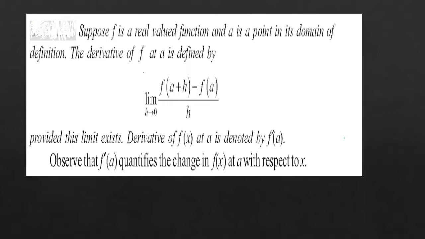where limit h tends to 0, provided this limit exists. Derivative of f(x) at a is denoted by f prime a. We have discussed earlier in another video that there are four major types of notation for derivatives, so you can watch that video if you want to know about the notations and understand which notation to use where.